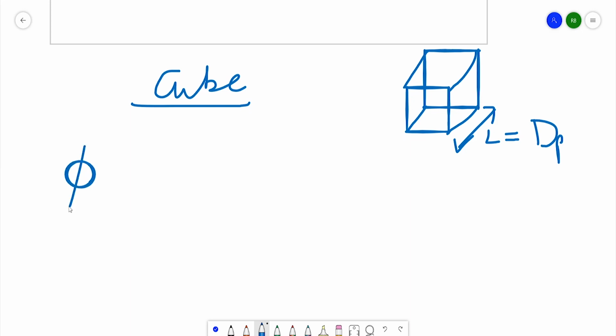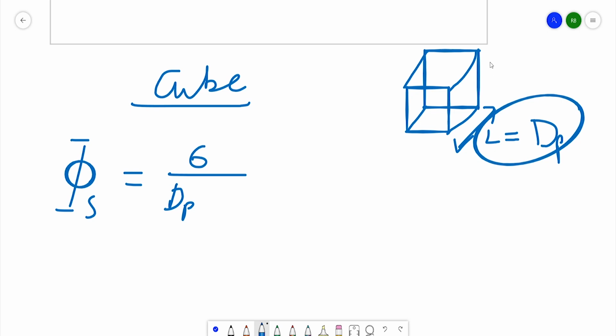So according to the definition, we have phi s is equal to 6 by dp times Sp by Vp. Here, the edge length of the side of the cube is L, or you can say dp.